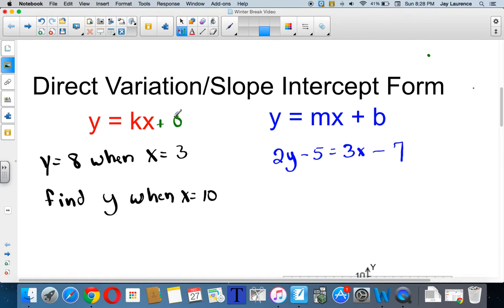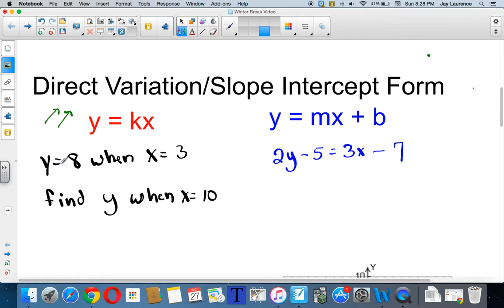Remember, for 2 things to vary directly with each other, the line that you produce is going to have to go through the origin. If it doesn't go through the origin, then it's not a direct variation situation. Direct variation simply means that if x is going up, then y is also going up at a proportional rate. It's for 2 things to vary directly.